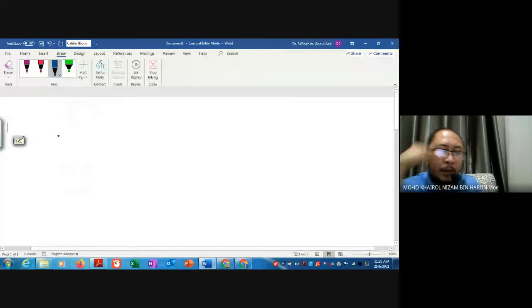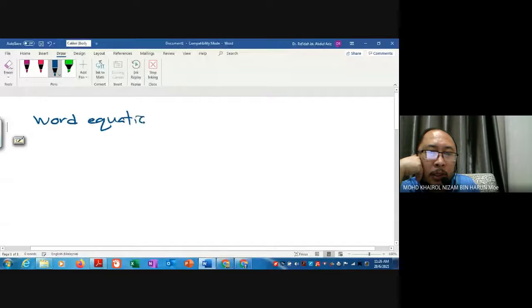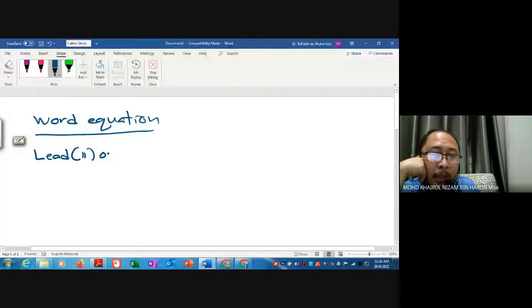Okay, for example, we call this one a word equation. For example, lead oxide. This is a metal oxide, a metal compound.